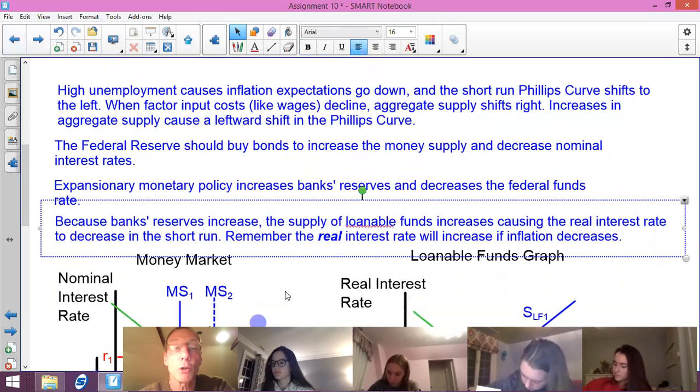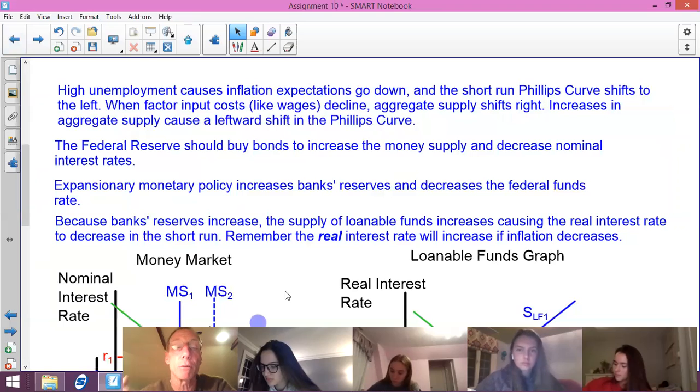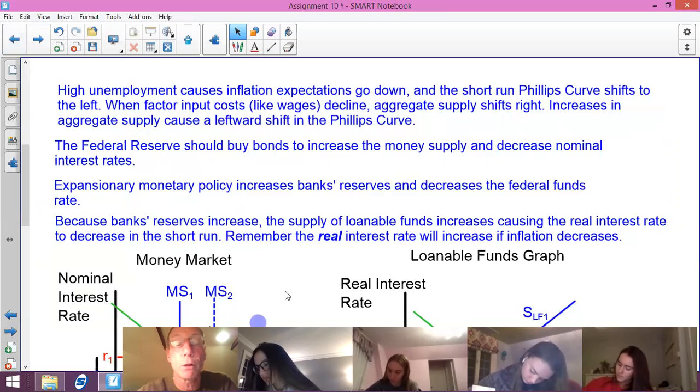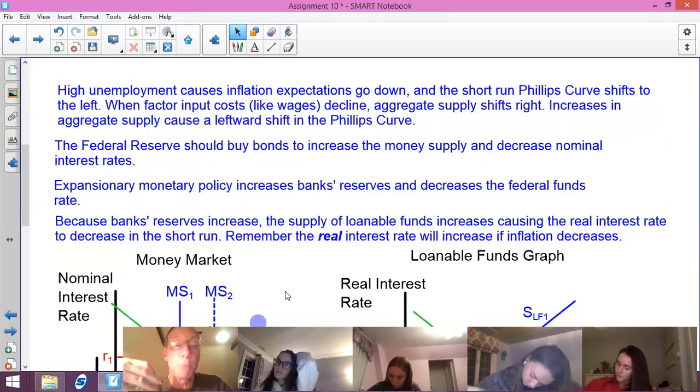reserves increase because there's more money. The banks are selling their bonds to the Federal Reserve. The Federal Reserve is buying the bonds, giving the money to the banks.